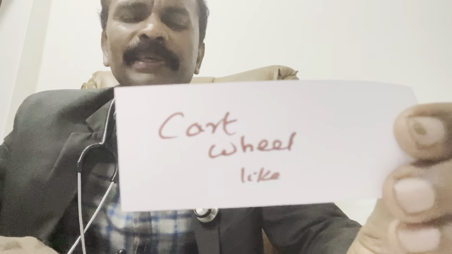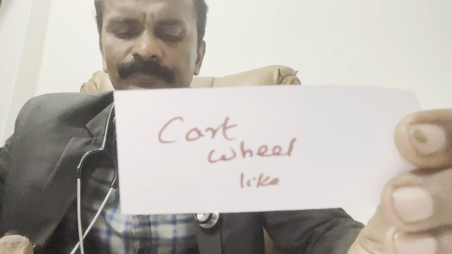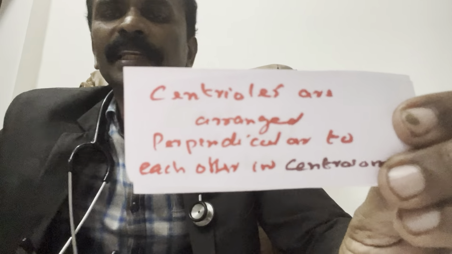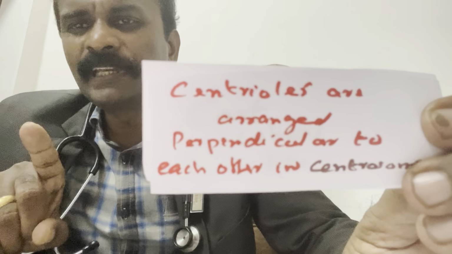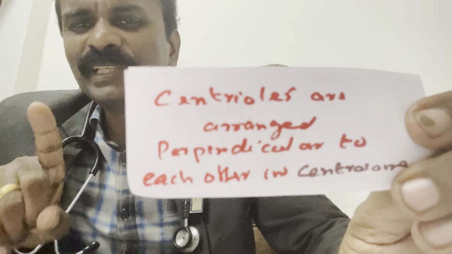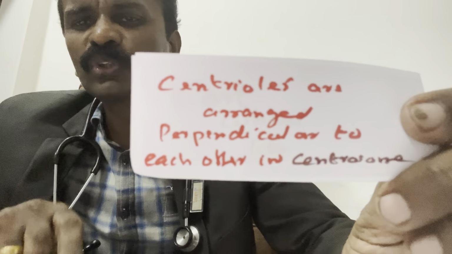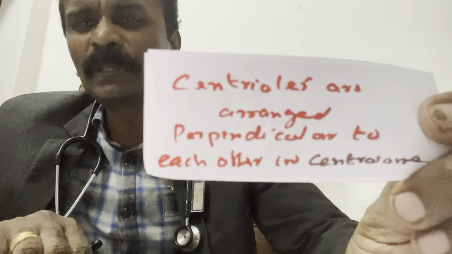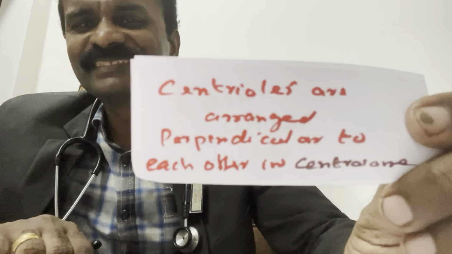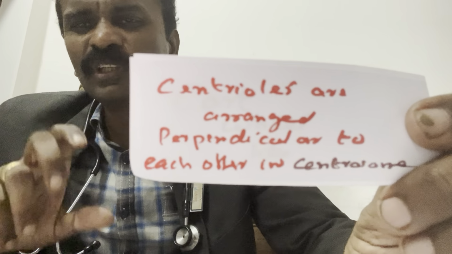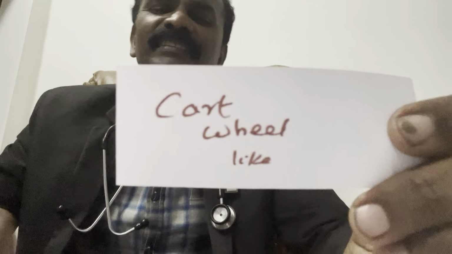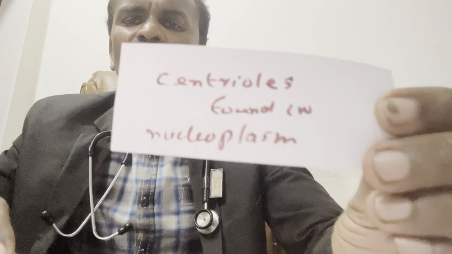Cartwheel appearance. Any idea? Cartwheel. Centrioles are arranged perpendicular to each other in the centrosome. 3 times I told perpendicular. So the arrangement of centrioles makes this cartwheel appearance. Centrioles are found in nucleoplasm.